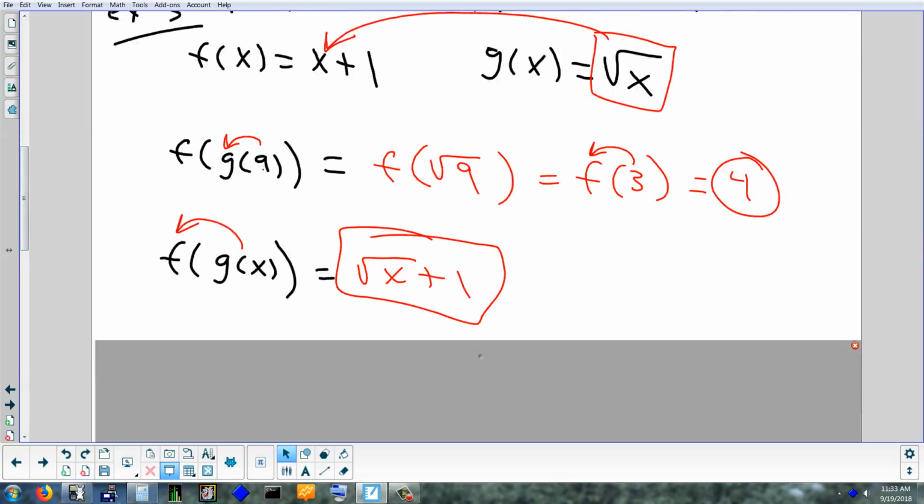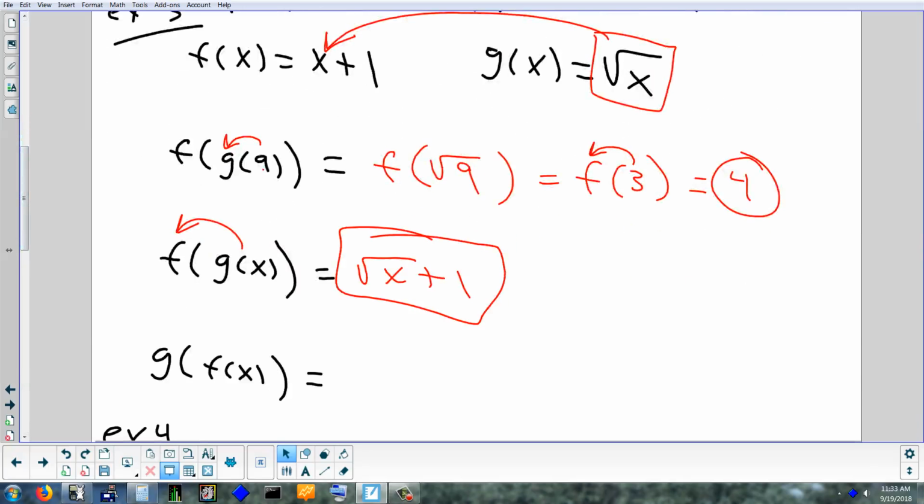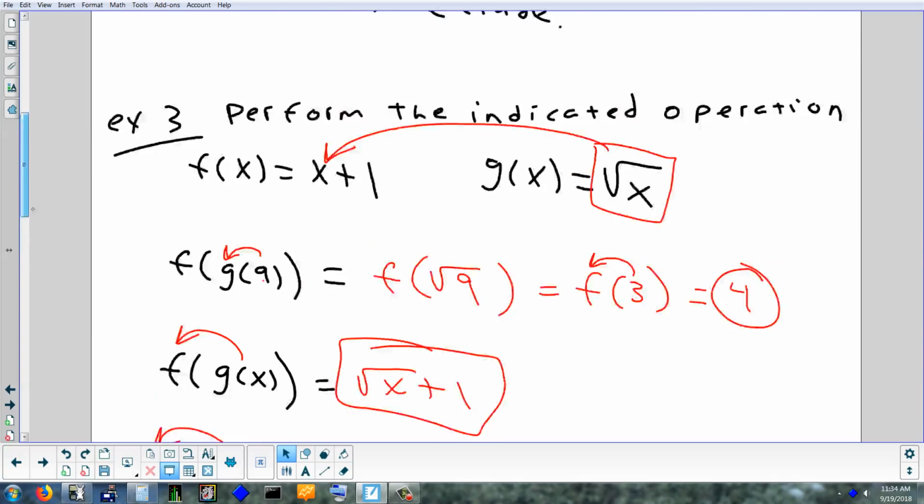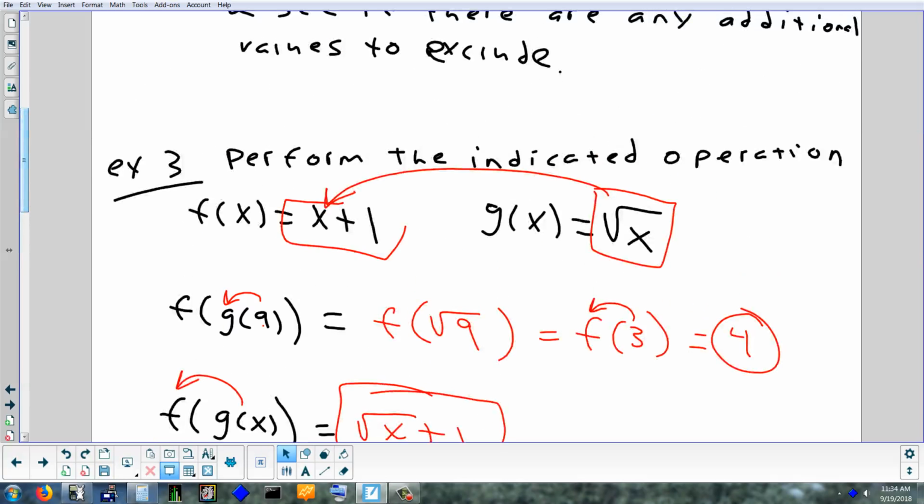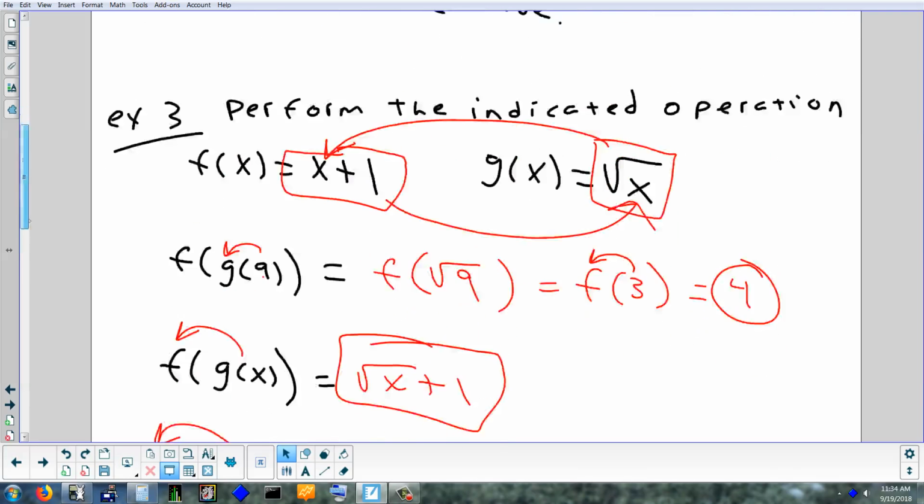That's it. Okay, let's try it the other way. So now we did g into f, now f into g. So the square root of x plus 1.